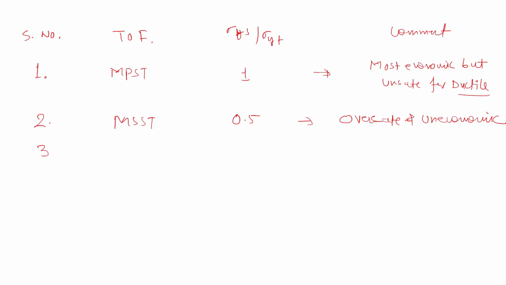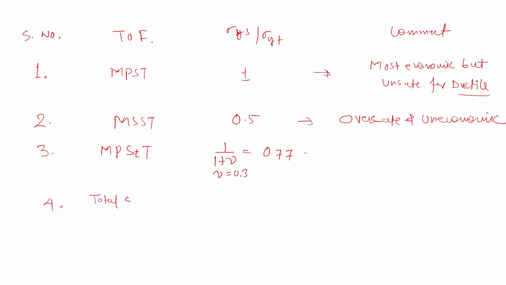And third one is MPST, maximum principal strain theory, and according to this the ratio is 1 over 1 plus mu, and for mu equals 0.3 we find this ratio is 0.77. And fourth was total strain energy theory.